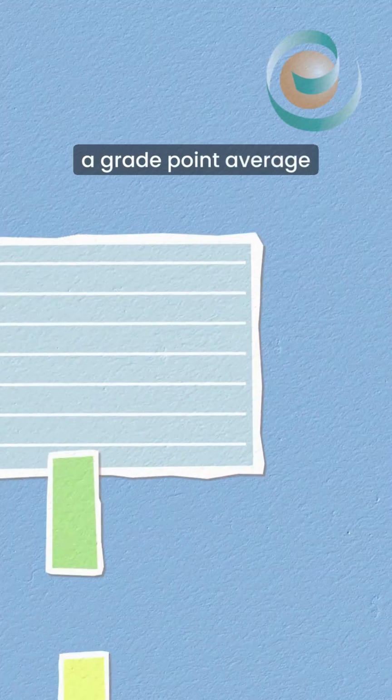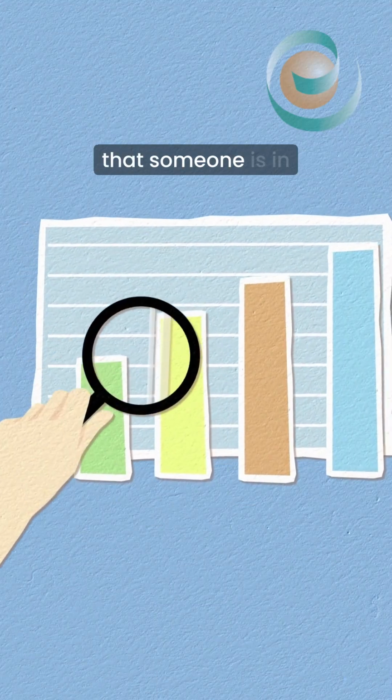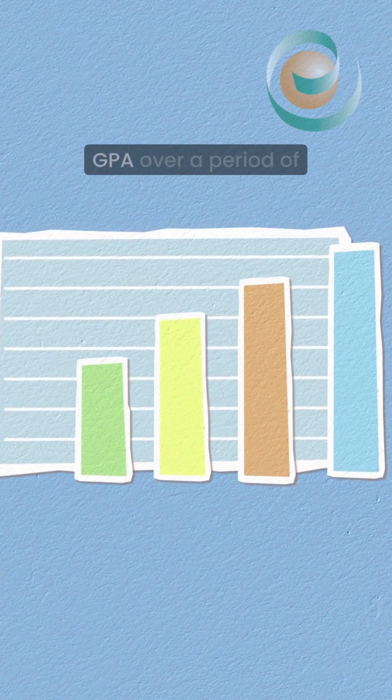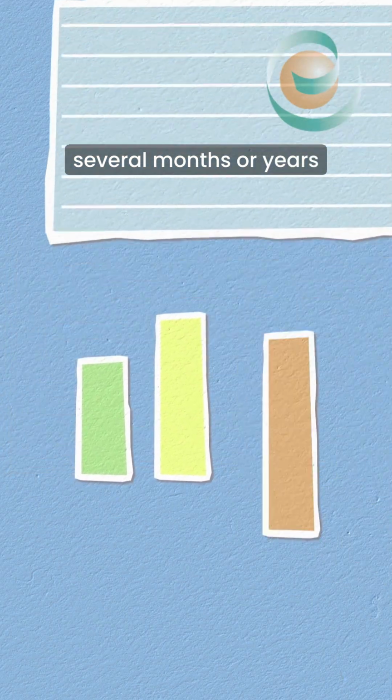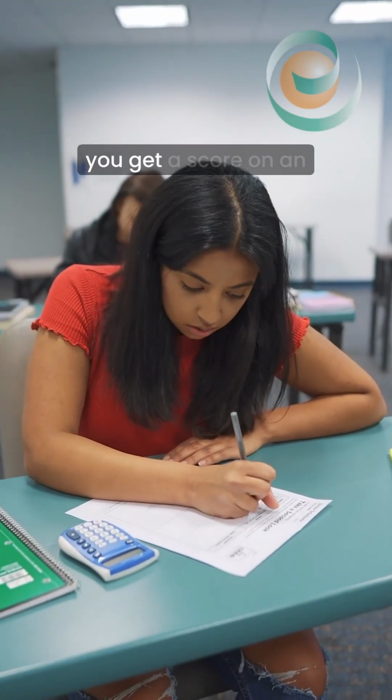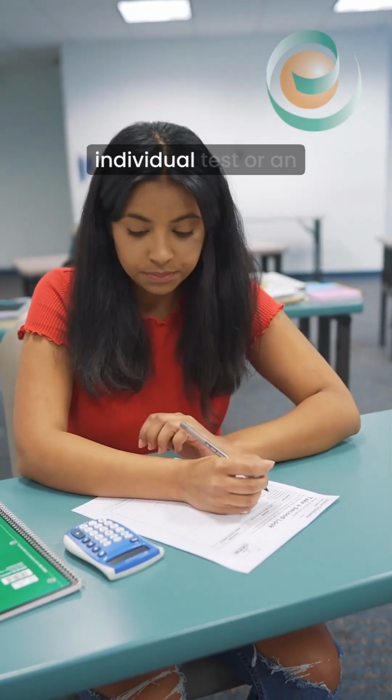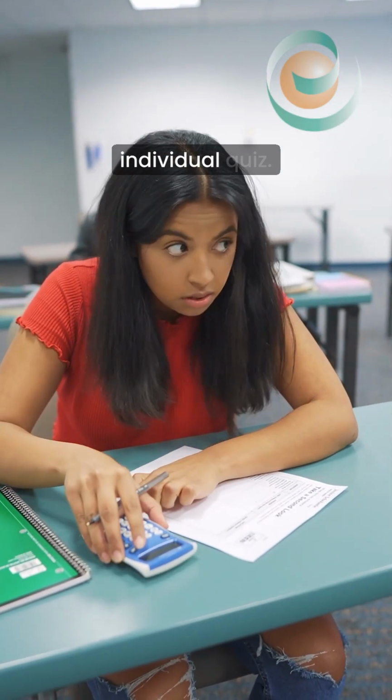So just to give you an illustration of another way of looking at this, it would be like having a grade point average, where someone is in school and has their GPA over a period of several months or years, versus a pop quiz where you get a score on an individual test or an individual quiz.